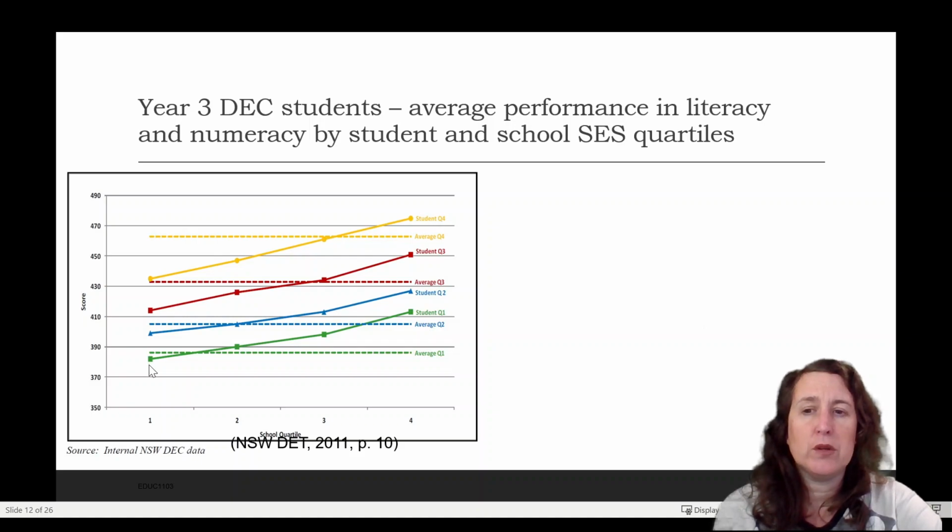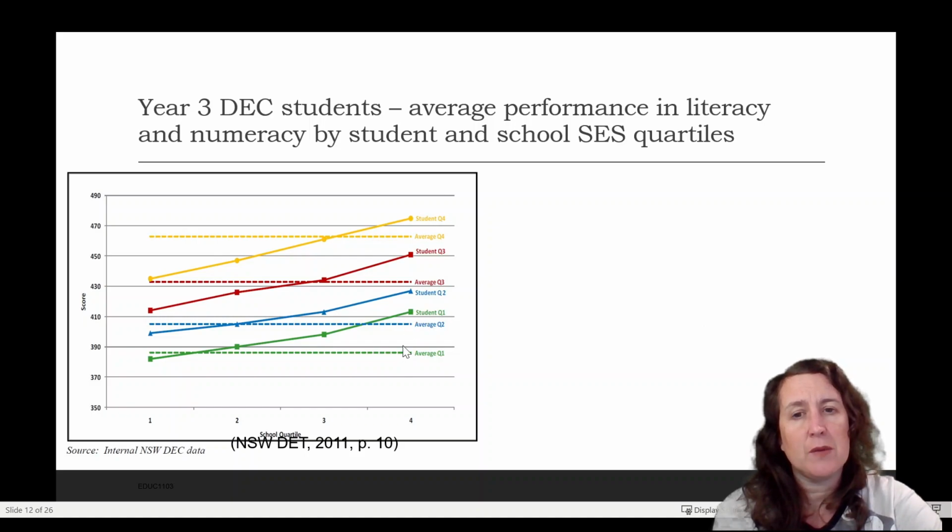If we put a student from the lowest quartile into a school whose average is in the highest quartile, we're lifting that student's result up above the second quartile. So they're jumping up more than a quartile's worth. There's a gain of more than a quartile's worth of average by putting a low SES student in a high SES school.